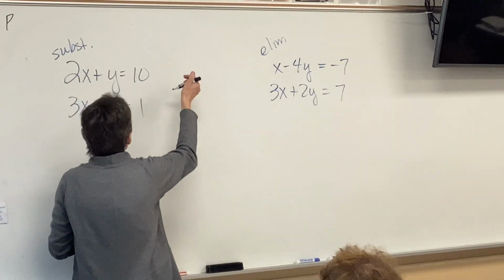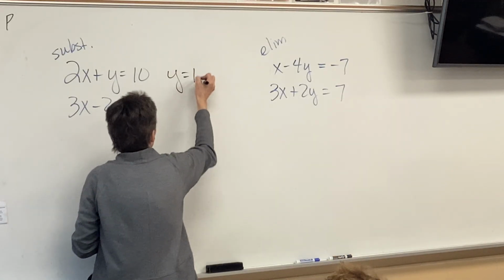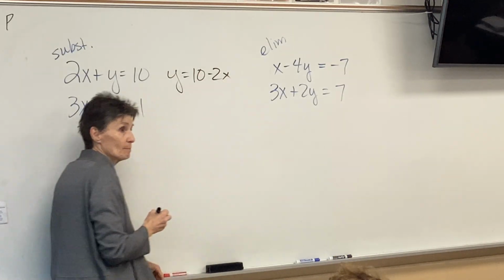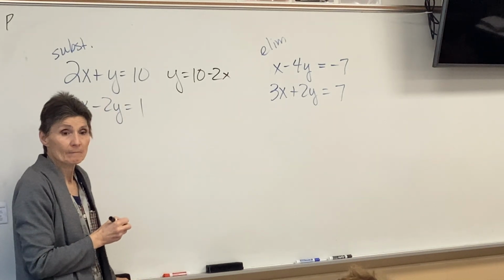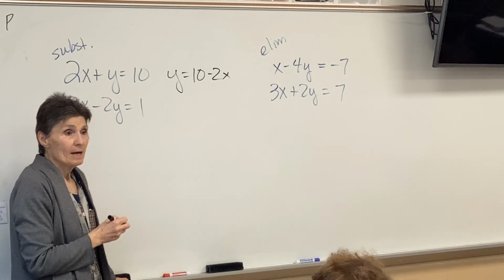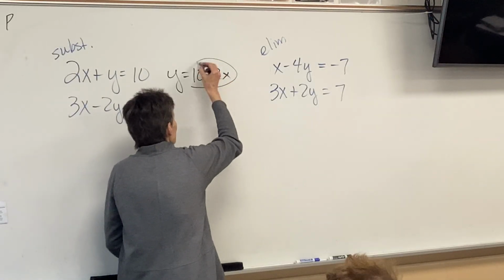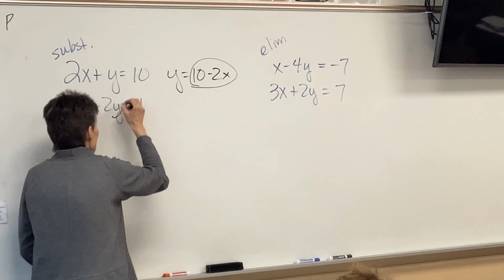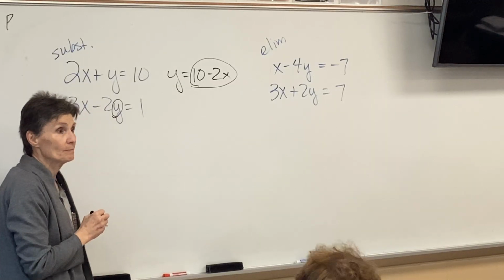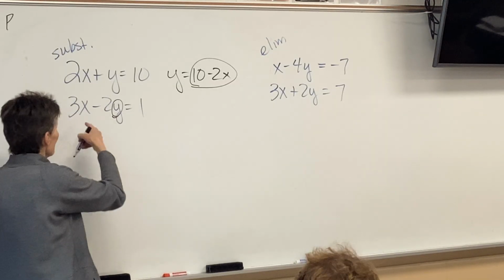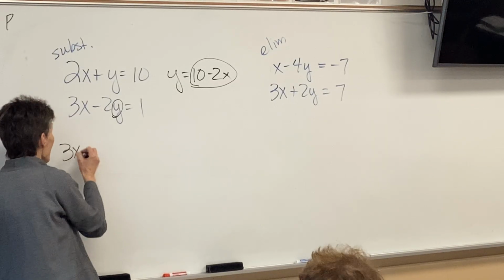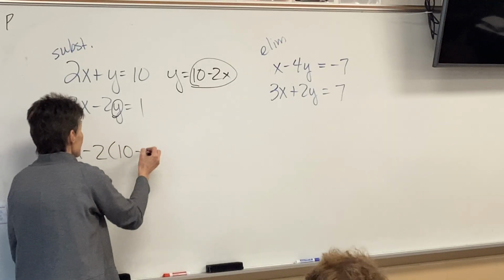So I'm going to rewrite this equation, y equals 10 minus 2x. And then I will take what y equals and substitute it in for y. So my bottom equation will now look like this.